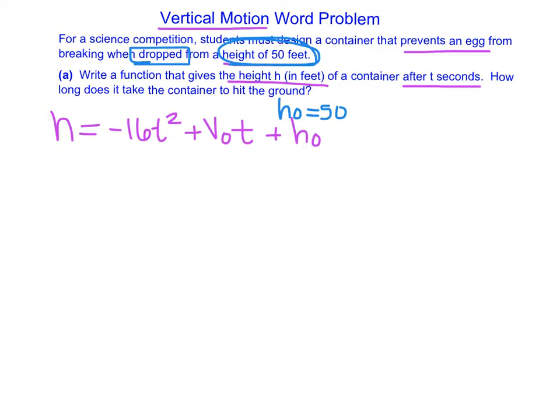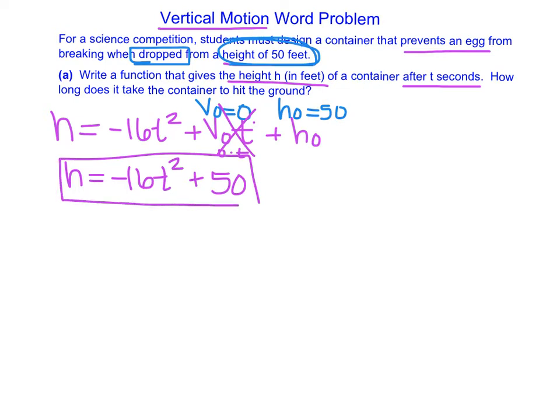That's telling us that our initial velocity here, because it's just dropped, is 0. So I can say my height is equal to negative 16t squared. This is just going to be 0 times t, so that's going to be nothing, so I'm not going to include it, plus my initial height of 50. So there's my equation that represents my situation.